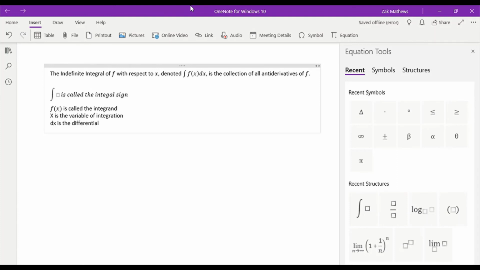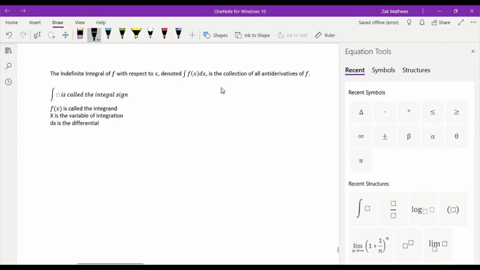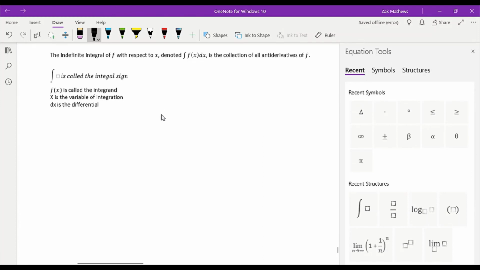We don't have to integrate with respect to all the variables. Some of the variables might actually be constant, or we might be holding those constant. So the dx is denoting what we are taking the integral with respect to, or what variable we're finding that antiderivative with respect to.